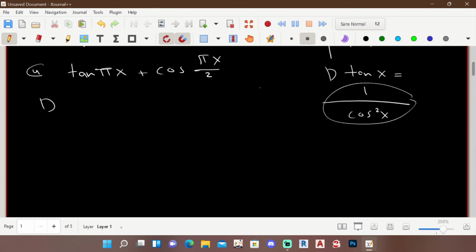This is the first one, and we've got the second one if we want. Sometimes we use this, sometimes we use the other one. It's 1 plus tan x squared. So you can either use this or this. Okay, I'm going to use this one.